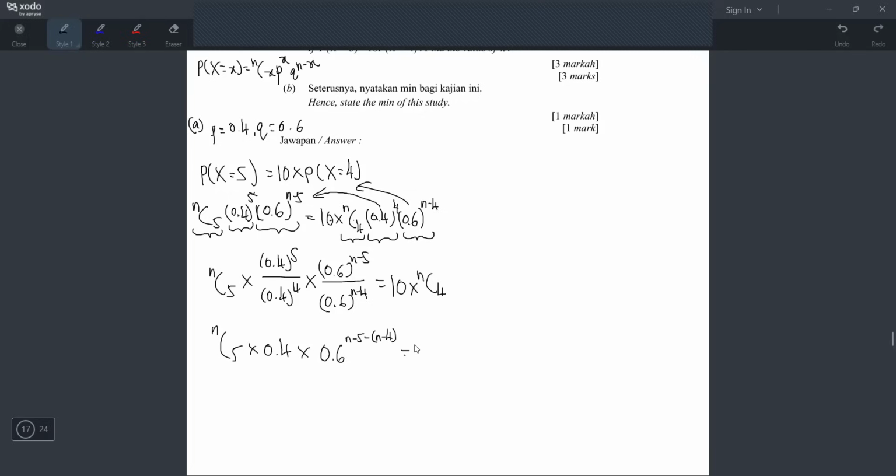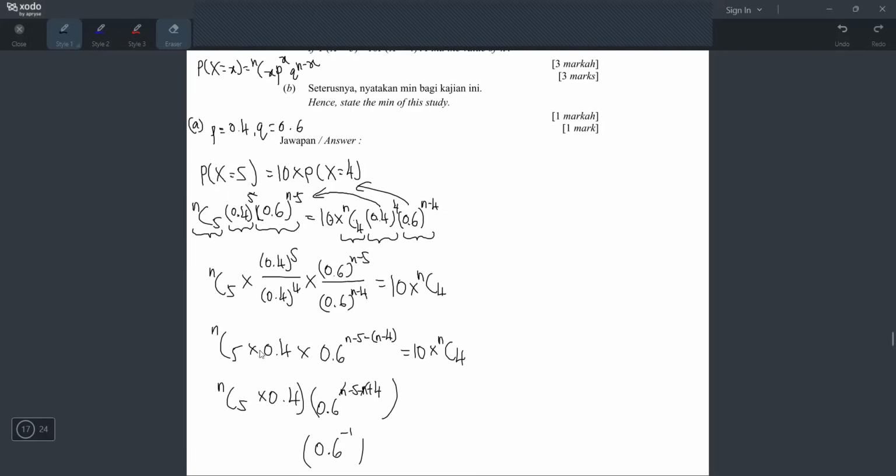The bracket has to be written, otherwise it's wrong. Okay, so now I simplify this, it becomes 0.6 power n minus 5, open the bracket, minus n plus 4, which is 0.6. n minus n is 0, negative 5 plus 4 is negative 1, right? And don't forget, in front there is nC5 times 0.4.